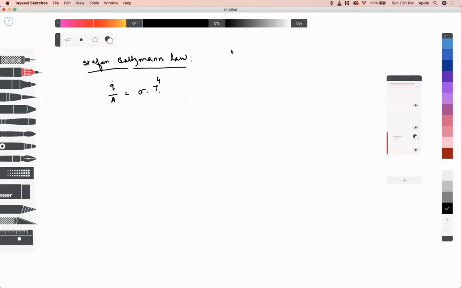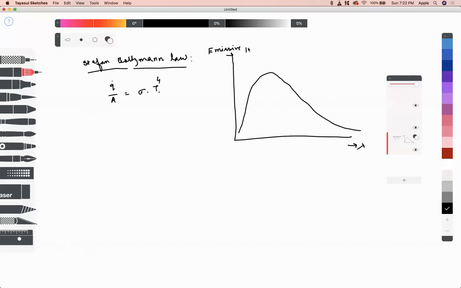Now, when you obtain a radiation spectrum, you usually will get a curve like this. Here on this side, you have your wavelength lambda, and on this side, we will have something called the emissive power.